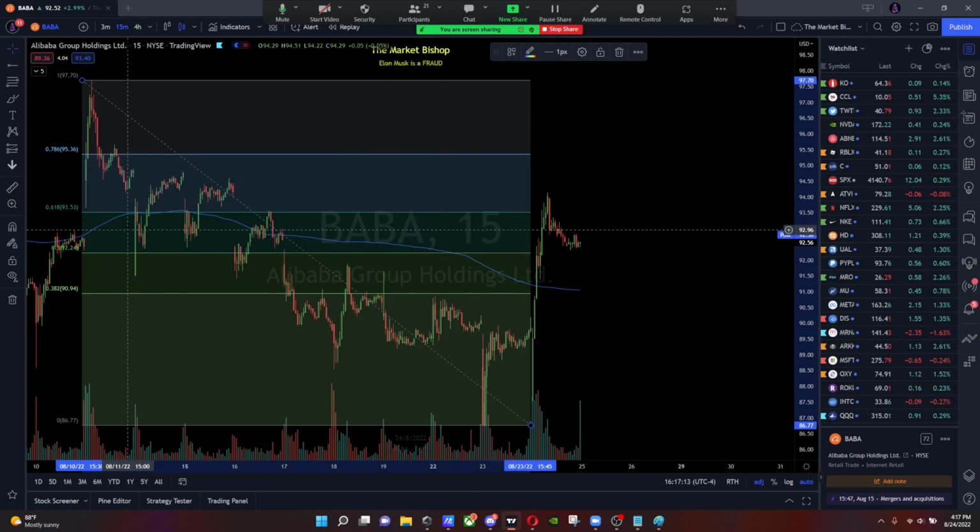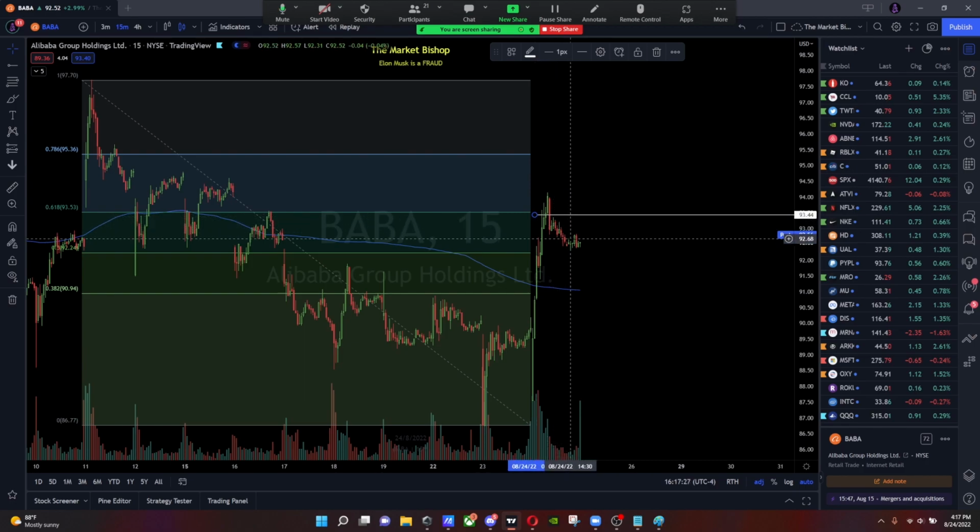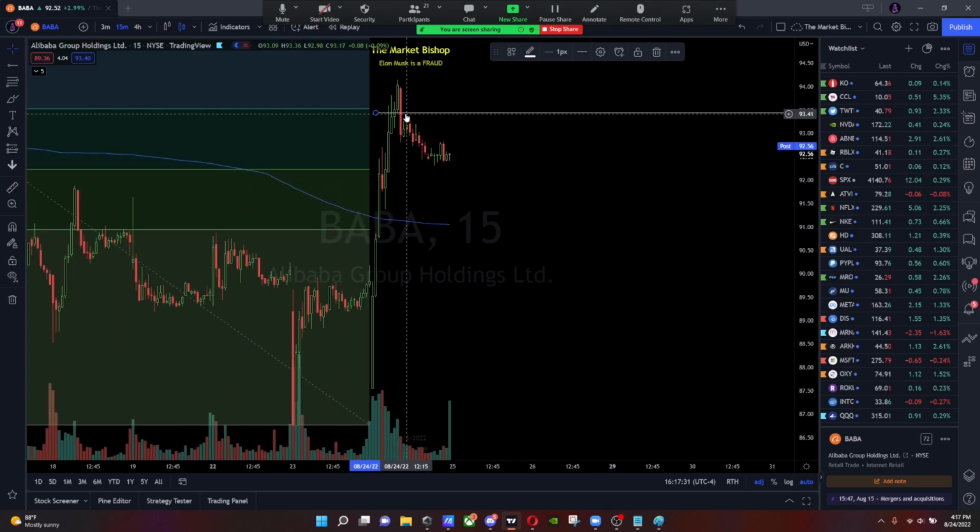And usually it's between the 50% to 61%, but it's also between this area right here. But you could see that we started reversing into the downside, and you could have gotten into puts once it broke below the 61% around over here, and this would have yielded probably like 30% profit. So that's how you use it on a shorter time frame.